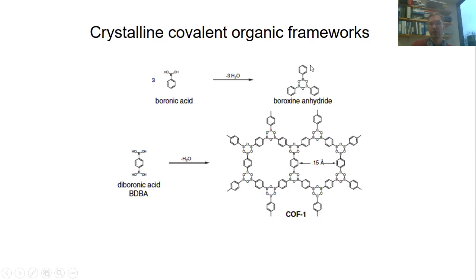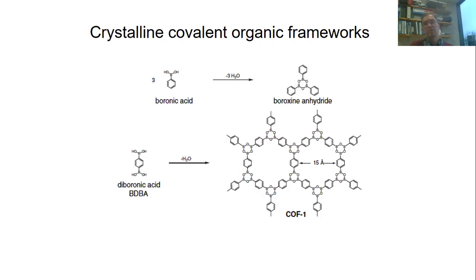So this is certainly a molecule, not a framework. Just by adding one more boronic acid functionality to the phenyl ring, you do basically the same kind of chemistry. You heat this, and then water is getting eliminated, and self-polycondensation into the respective anhydride occurs.